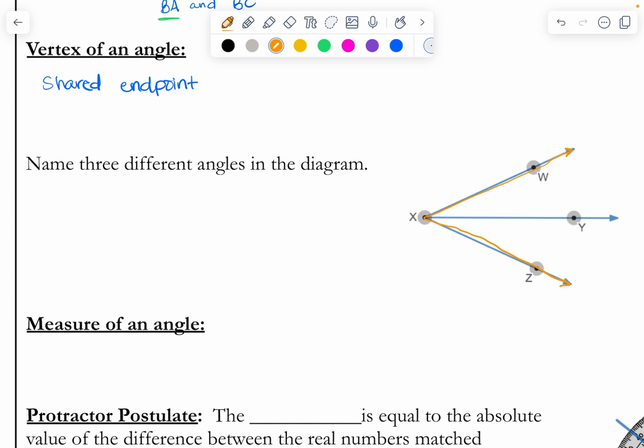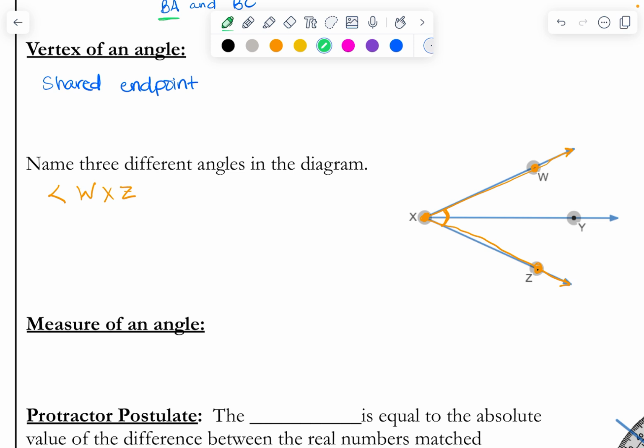So whenever we name an angle, we must use those 3 letters that are on the angle. So in this case, we have W, the endpoint, the vertex is X, and then we have Z. So that would be our first angle, the biggest angle in this diagram. So we would name that as angle WXZ.